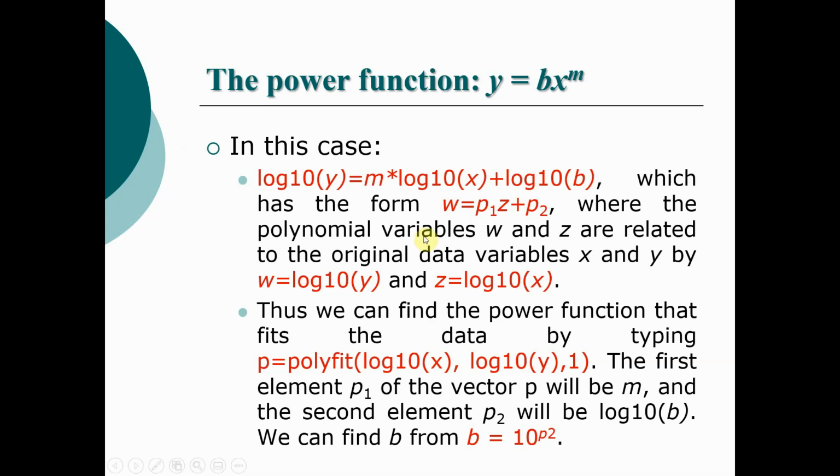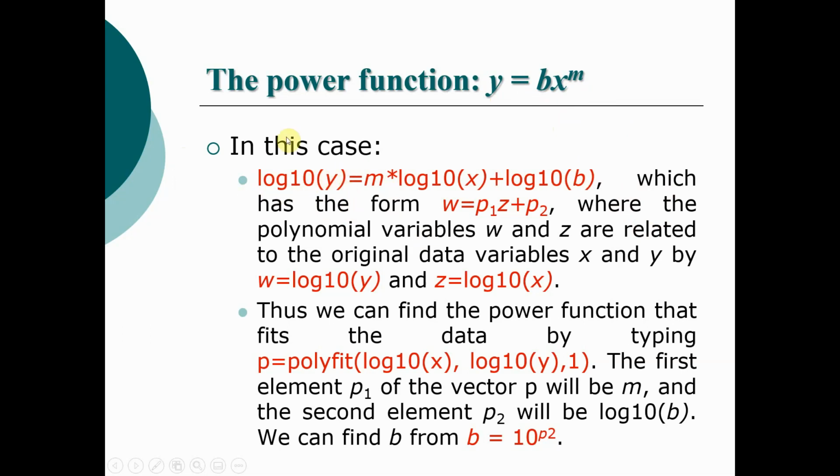If you want log in base 10, you have to write log10. It doesn't actually matter what kind of log you use; your corresponding operations are going to change based on that. But here, if we take log10 of both sides, then we would have an equation like this, right?